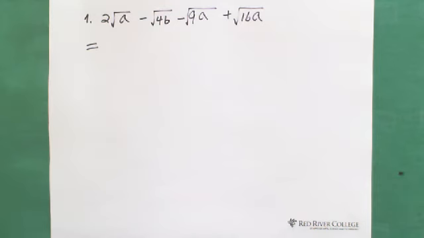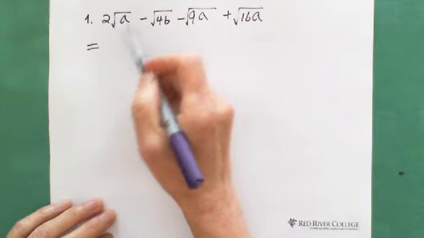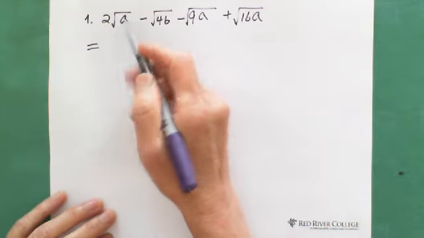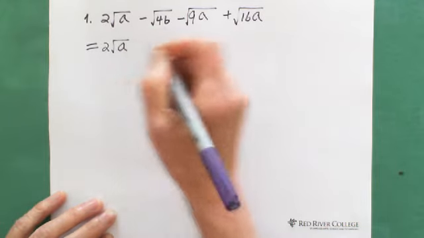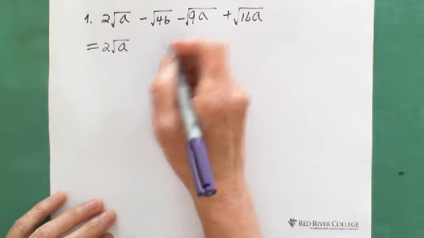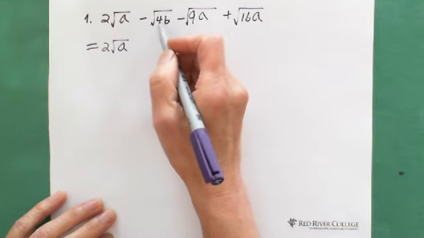With letters inside the radical, we still need to look at if there's anything we can simplify before combining them. The square root a, there's nothing we can simplify, so we copy this one, 2 square root a, and minus square root 4b. 4 can get out of the square root and become 2, because 4 equals 2 squared.